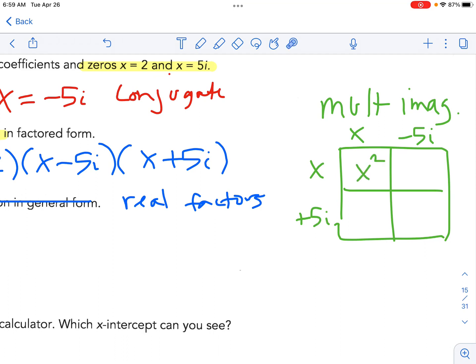This is x squared, right? X times x is x squared. X times negative 5i is negative 5ix. X times positive 5i is positive 5ix. And negative 5i times positive 5i is negative 25i squared.